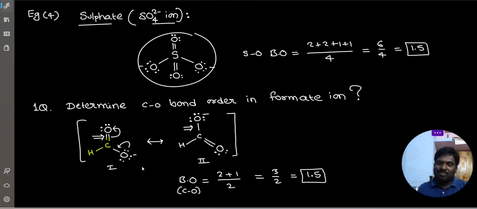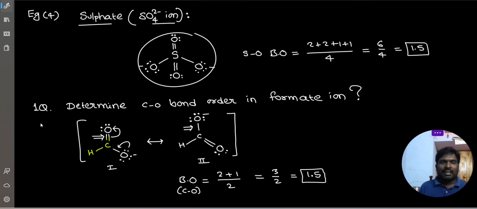For example, in this molecule, if the CH bond order is asked, that CH bond is not involved in resonance. That's why the bond order is 1. In any molecule where there is no resonance, the bond order is fixed. If there is resonance, then non-bonded electrons and pi-bonded electrons delocalize, and that's why the bond order changes.